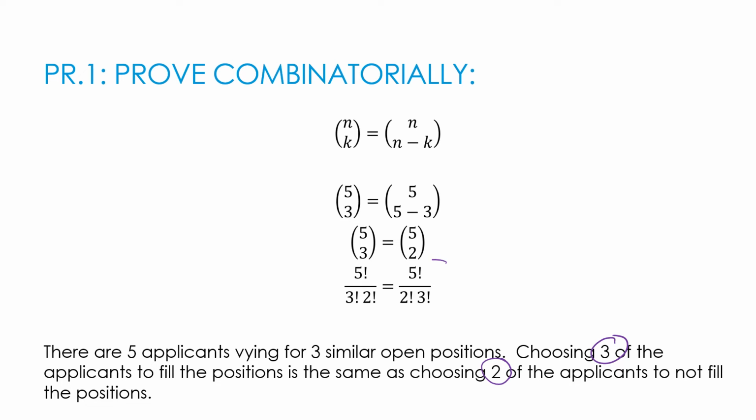And then I'm also showing here that if I took 5 choose 3, I would get 5 factorial over 3 factorial 2 factorial. If I choose 5 choose 2, notice I get the same thing. It's a little bit different order, but we know that that doesn't matter with multiplication.